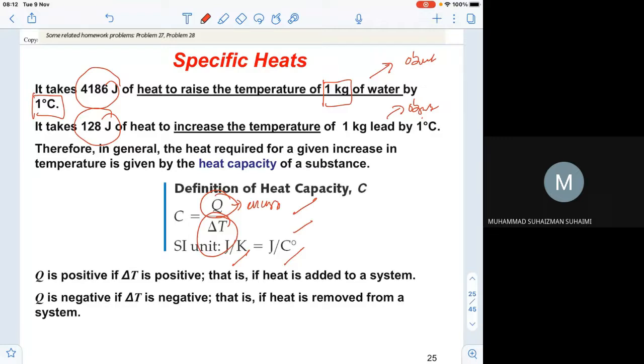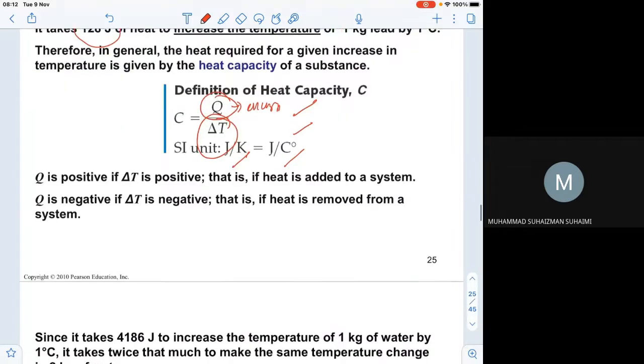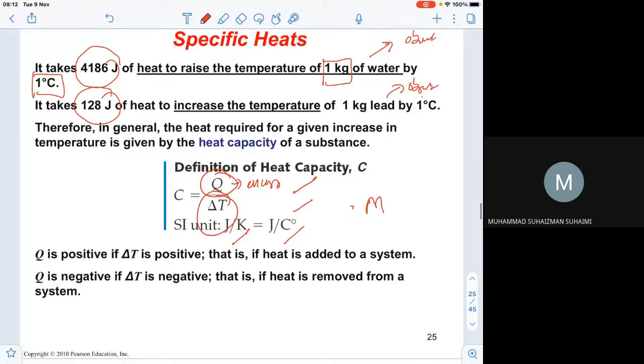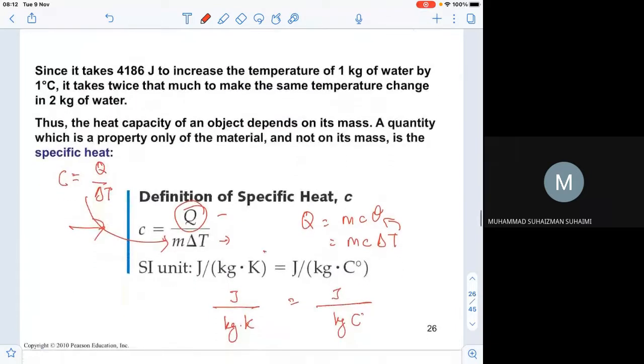But that is just heat capacity. When it involves specific heat capacity, we look at how important the mass is, so we need to add m to this equation. Look at this argument: if we take water, it takes about 4,186 joule to increase the temperature of 1 kilogram of water by 1 degree Celsius.